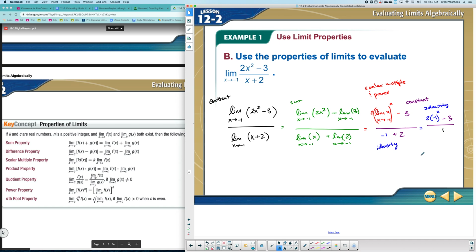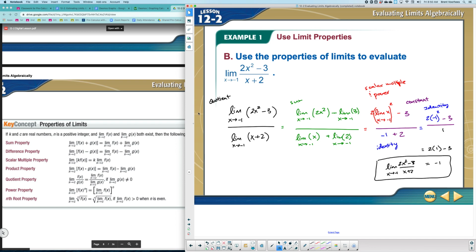So it seems to me that this value will end up being negative 1 squared, which is 1. 2 times 1 minus 3. Go ahead and put the equal sign right there. And 2 times 1 is 2 minus 3. I'm getting negative 1. So the limit of 2x squared minus 3 over x plus 2 as x approaches negative 1 will equal negative 1.